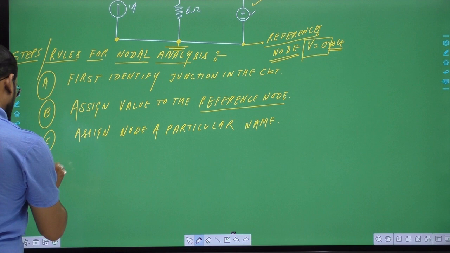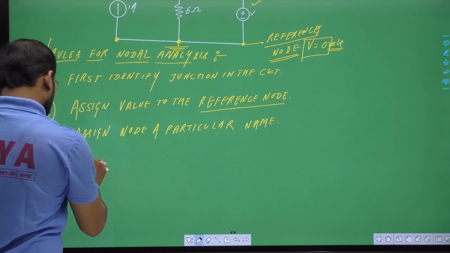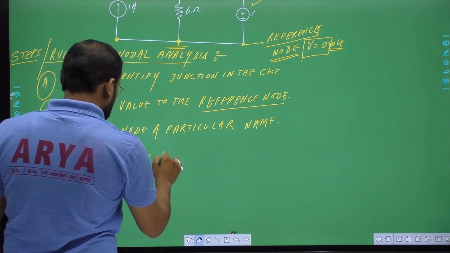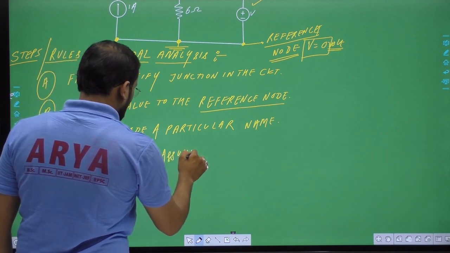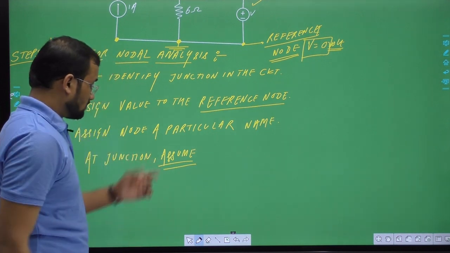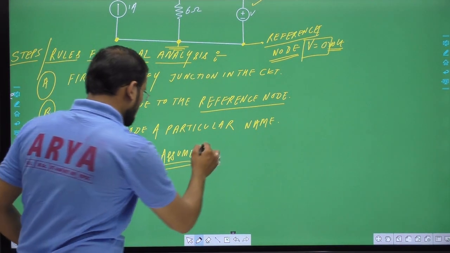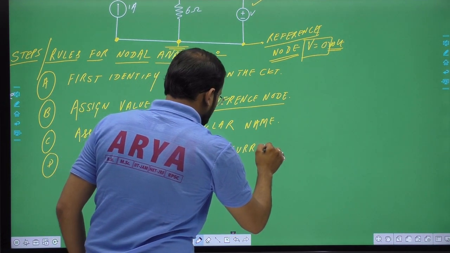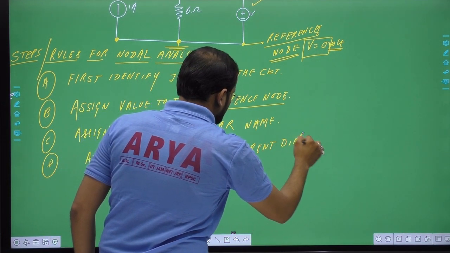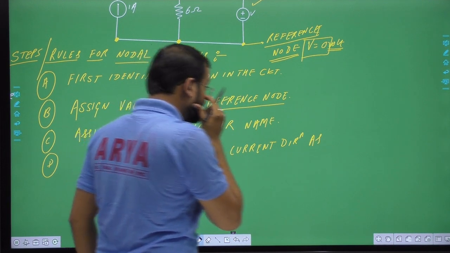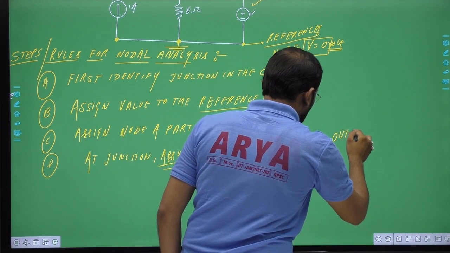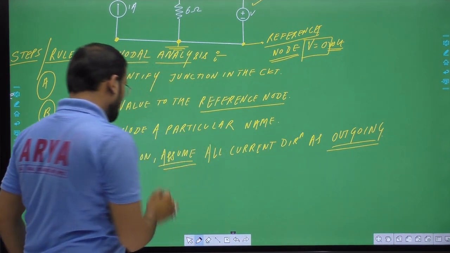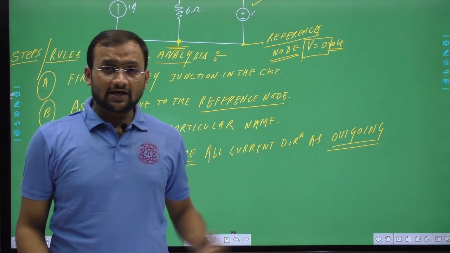Now at the junction, we have to assume all current directions as outgoing.